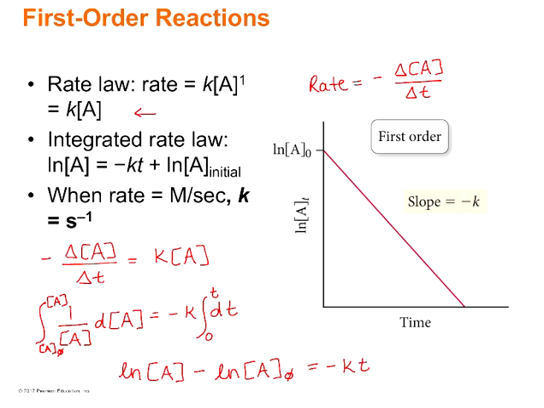And then if we rearrange to isolate the concentration of A, we get the expression shown up above, where the natural log of A is equal to negative kt plus the natural log of the initial concentration of A.